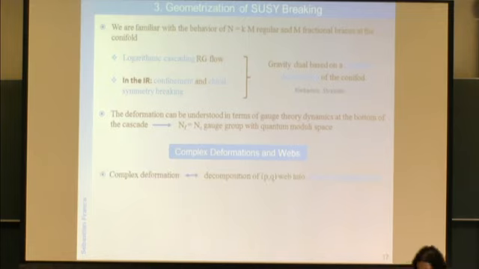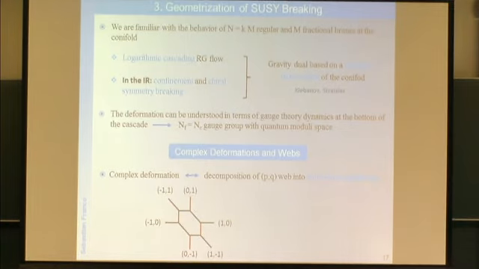Okay, so let me say a few words about how the complex deformations look for generic toric geometries, and that's why I discuss these kind of pictures, which are the PQ webs. A complex deformation in this language corresponds to some decomposition in terms of branes in equilibrium. By this I mean branes in subwebs such that the sum of all the charges of the external legs adds up to 0.